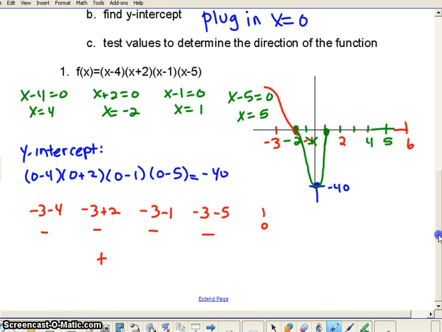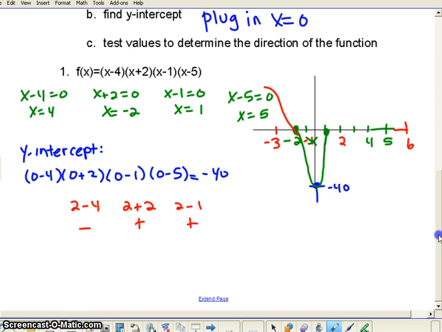Now I'm going to plug in 2 to the function. Let's see what we get there. 2 minus 4 is negative. 2 plus 2 is positive. 2 minus 1 is positive. And 2 minus 5 is negative.